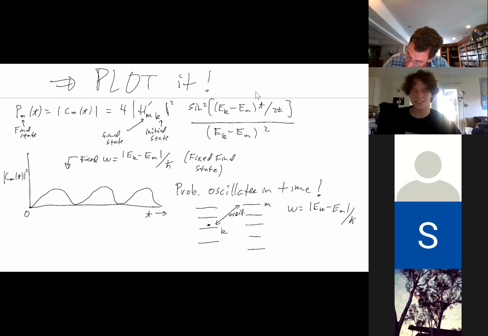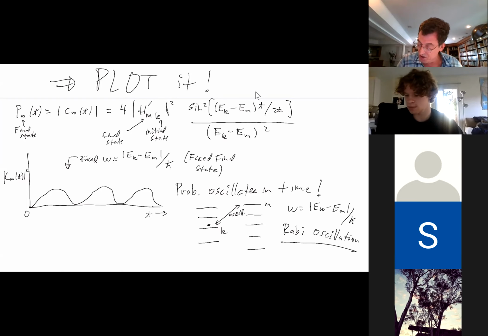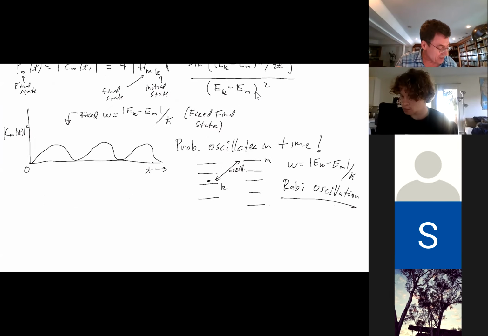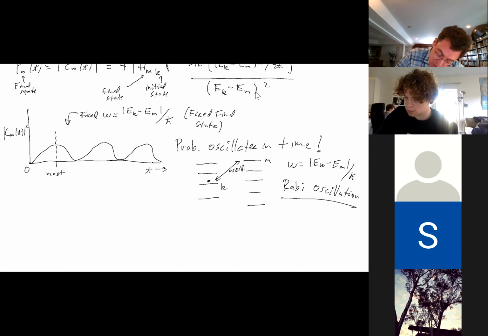I wish it was, but it's named after this other guy, a much smarter person, Mr. Rabi. And so this is called a Rabi oscillation. And that's a big deal. The Rabi oscillation means that the probability oscillates. And it's really interesting because you can see that at this time, it's the time at which it's most probable to find the particle in state m.